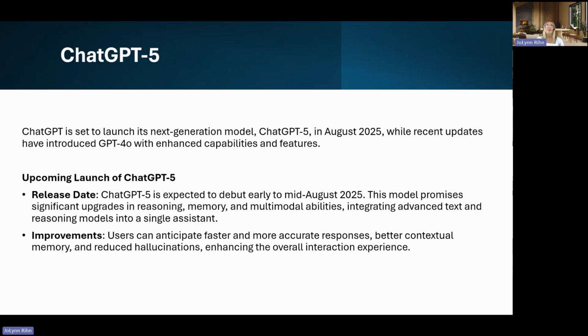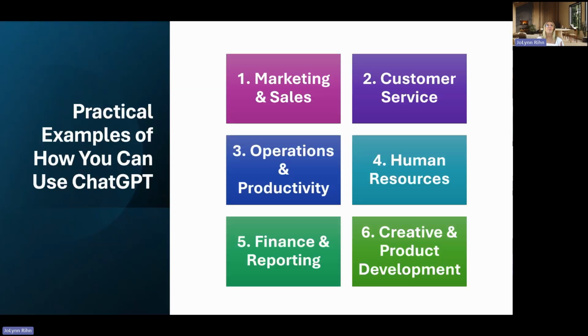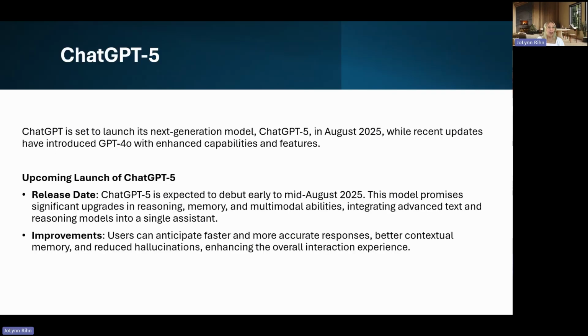And as a matter of fact, oops, sorry, I was on the slide. ChatGPT 5 is available in some of the versions, but not all of them. So it is actually being released this month. So if you haven't already received version 5, which is ChatGPT-5, that is coming.